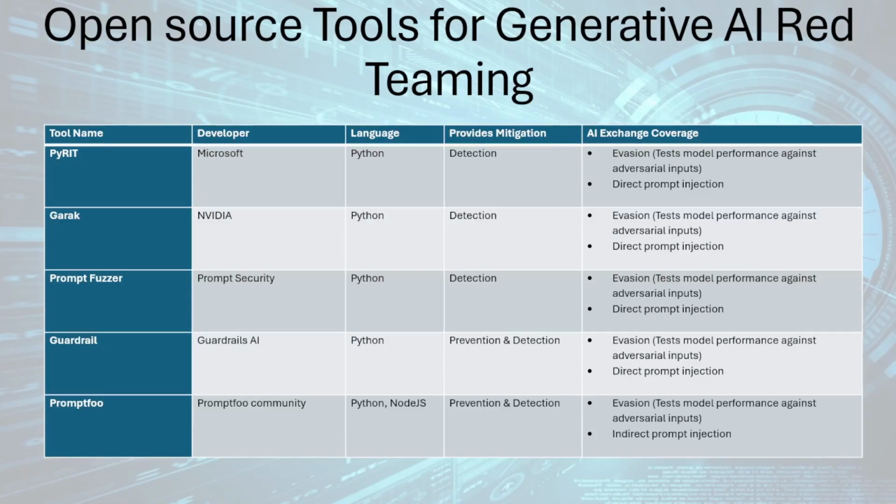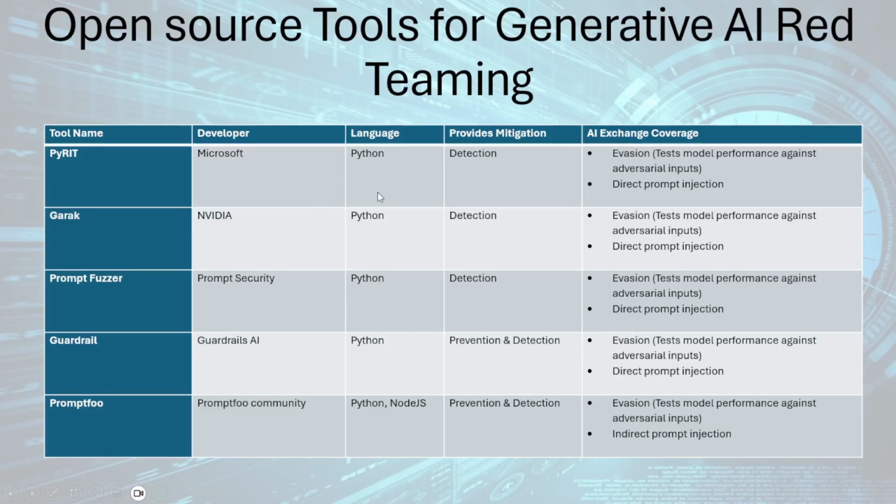This table provides a summary of the tools for generative AI red teaming. Be sure to check the AI Exchange website for a full description of each tool's capabilities, including popularity, licensing, community support, scalability, etc. So we can see here in this table for generative AI red teaming tools, we have PyRIT, Garak, Prompt Fuzzer, Guardrails, and PromptFoo.